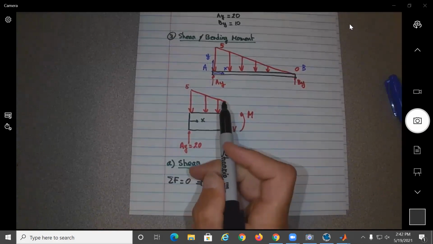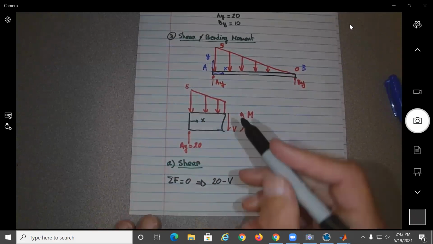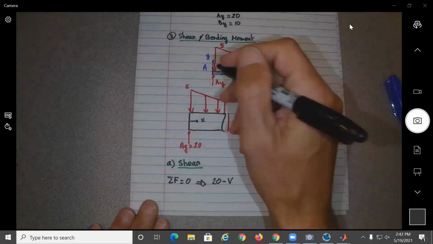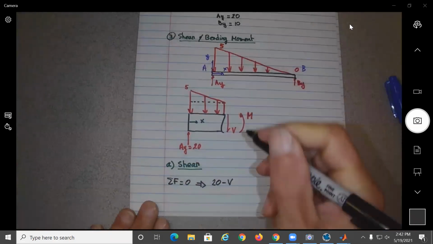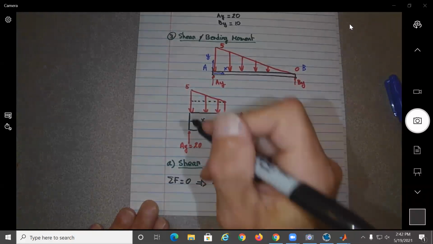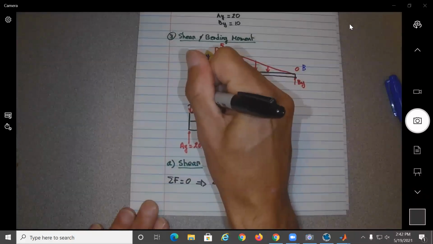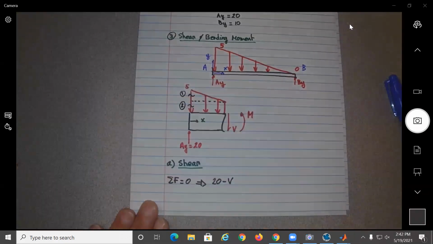What do you do with this distributed load over here? If we don't want to use the equations that I showed before, that we'll do next time, what would be the way to do this one? You can break this load into what? Into a triangle and a rectangle. So let's say the triangle will be 1 and the rectangular area will be 2.